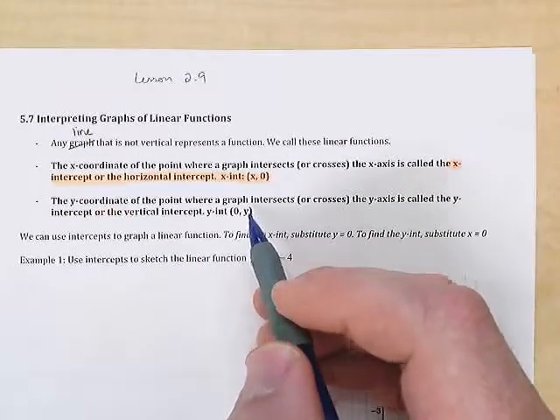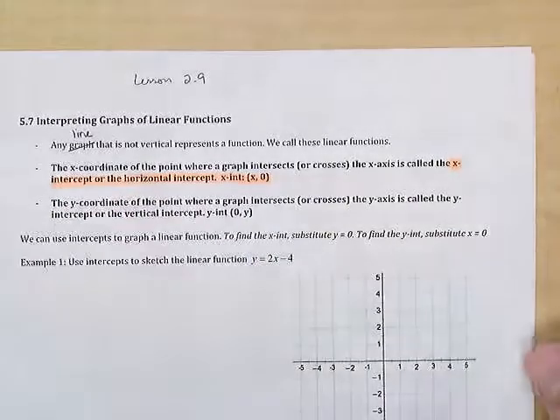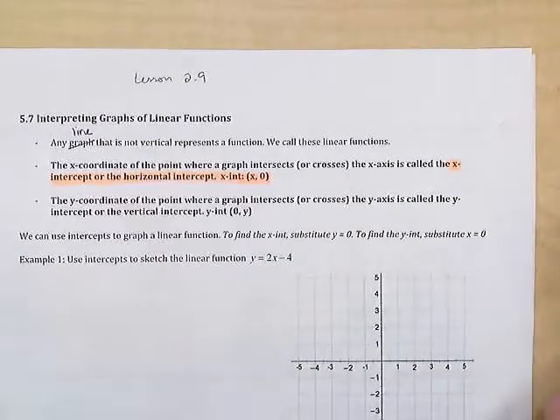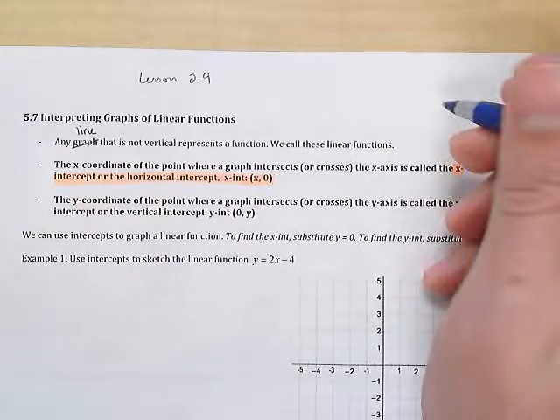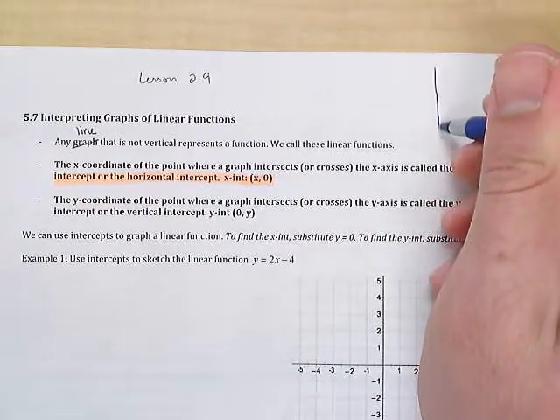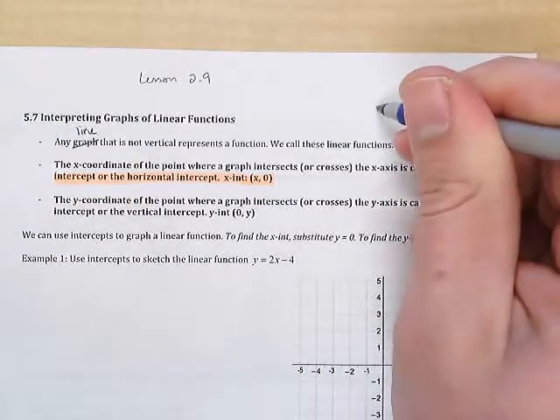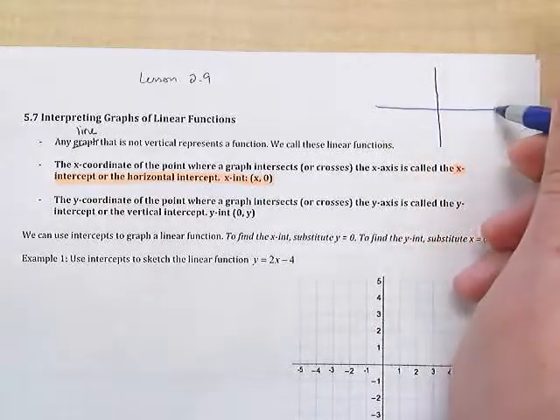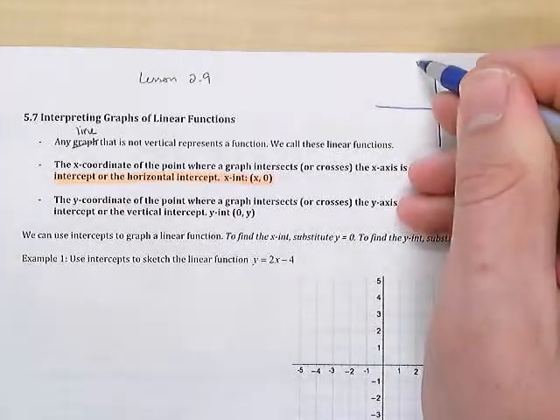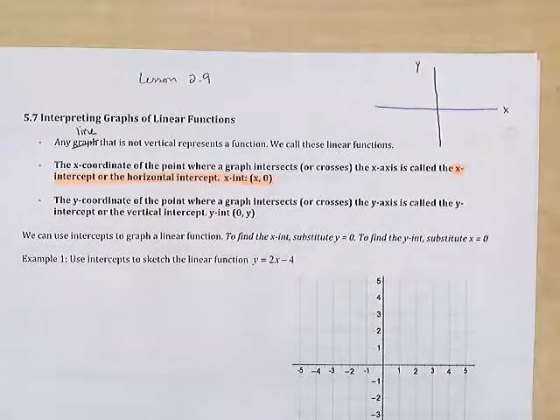Okay? So I'm actually going to, on the top here, top corner, make an x and a y axis here. So this is x and this is y. And I'm going to use a different color for a line.